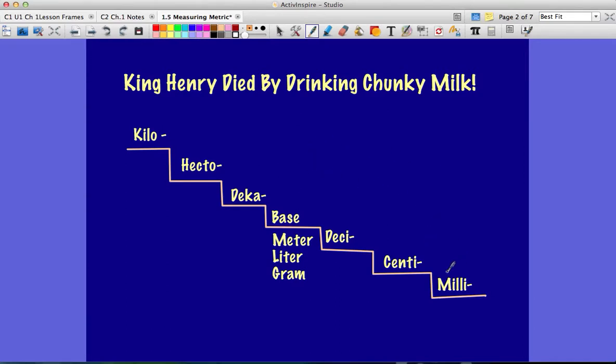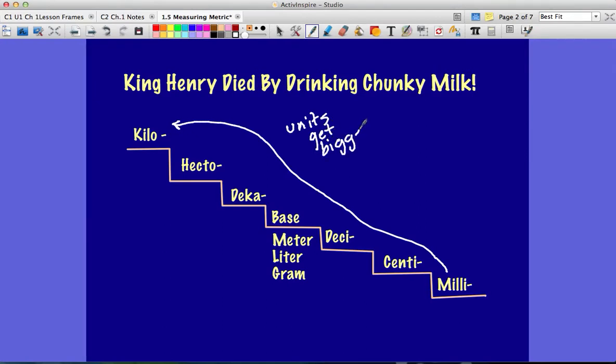So when you're going up the stairs, your units get bigger, so your number is going to get smaller. And I would make sure to write this down.